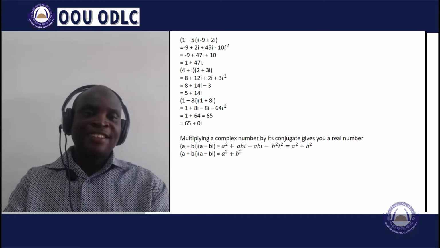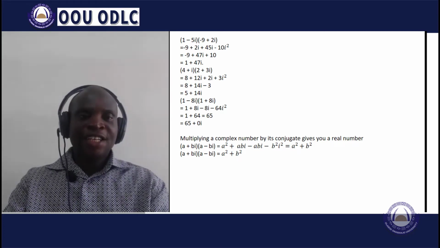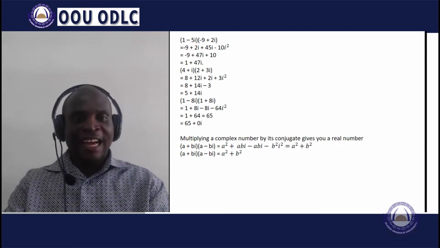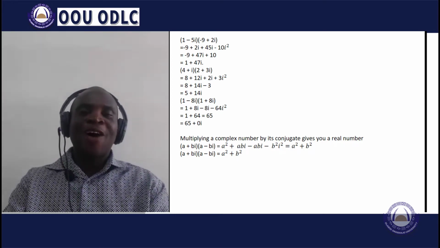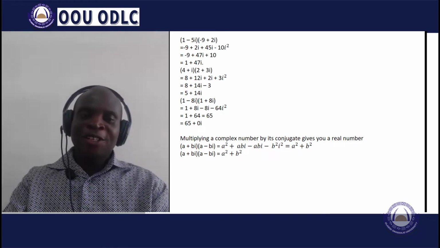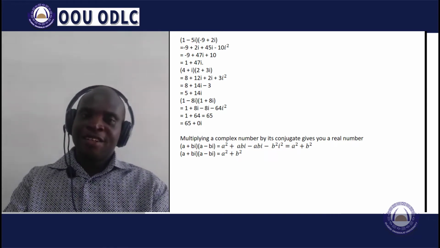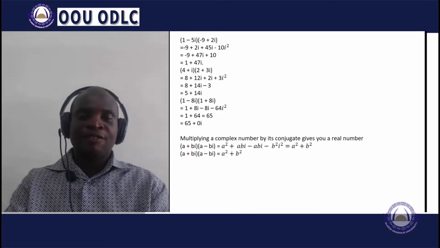Now, adding real to real and imaginary to imaginary, this will give us minus 9 plus 10. That will give us 1. It's like you are owing somebody 9 naira and you have 10 naira with you. When you sort that, the money you are owing, you are left with 1. That will be 1 plus 47i.